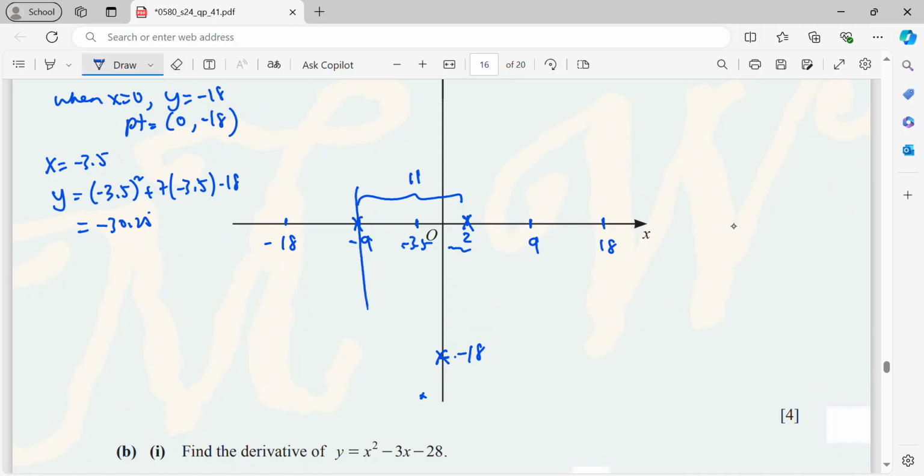So draw a smooth curve. Alright, so this is your graph.